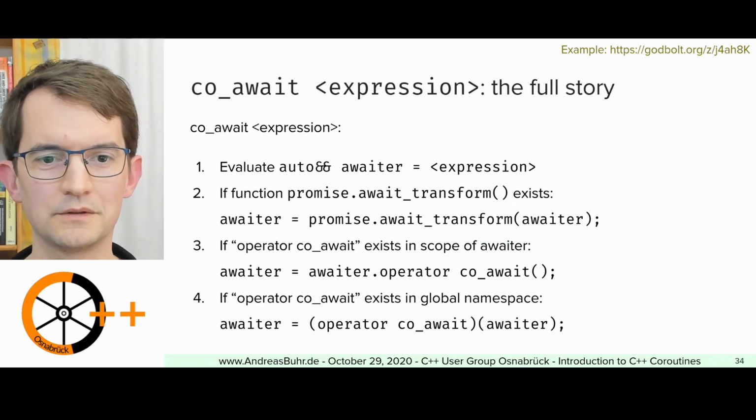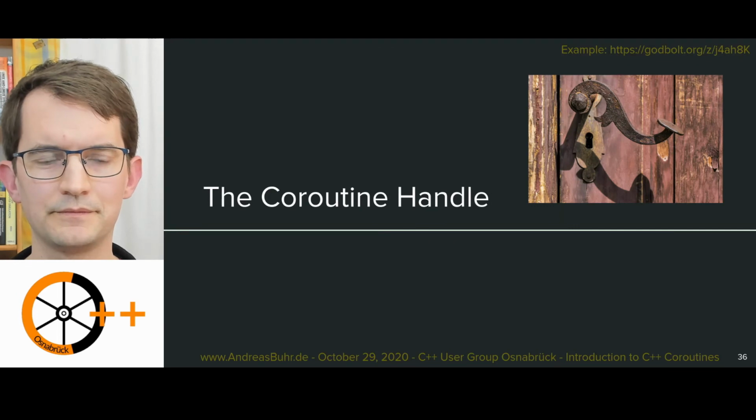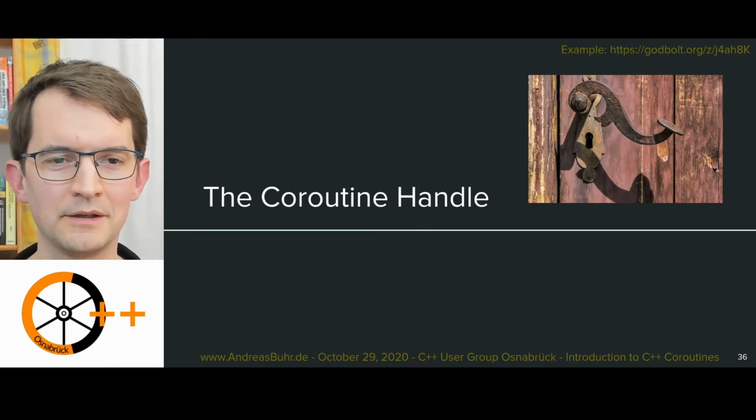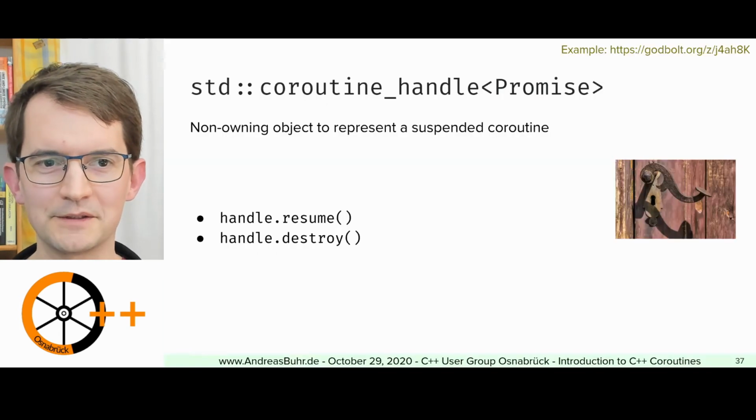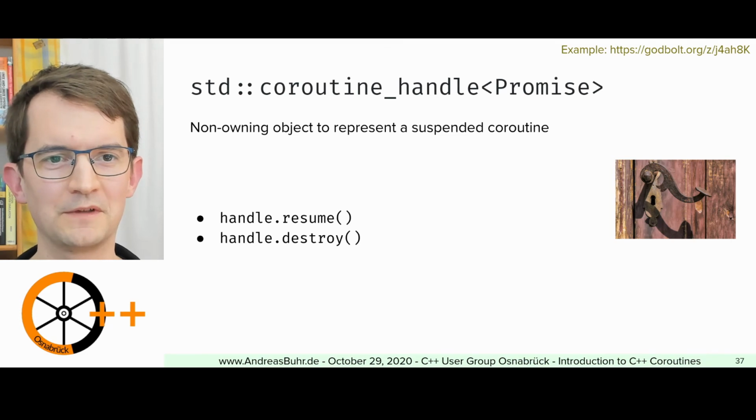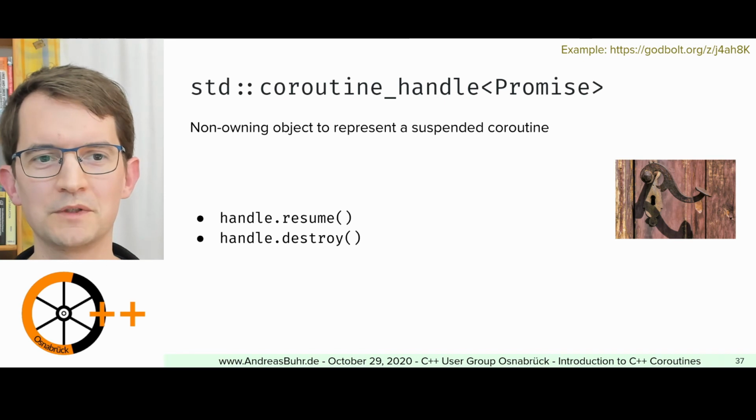So let's go on. And this is the next topic, the coroutine handle. The coroutine handle is a non-owning object to represent a suspended coroutine. It has some more, but the important two interface functions are resume and destroy.